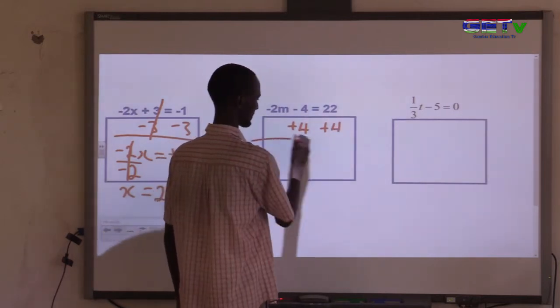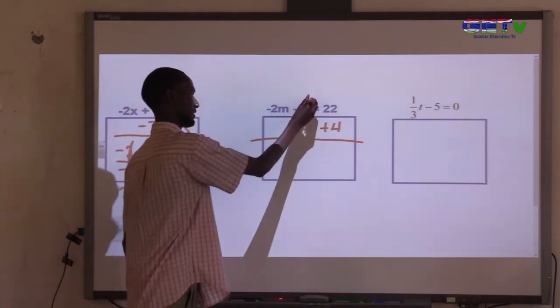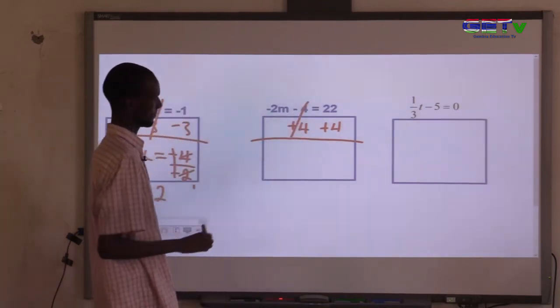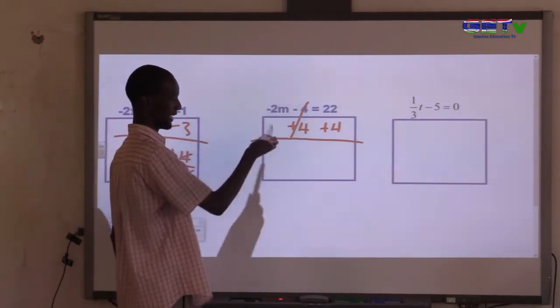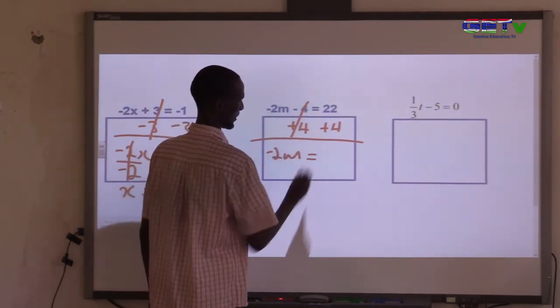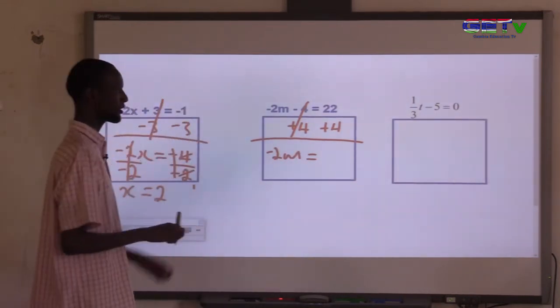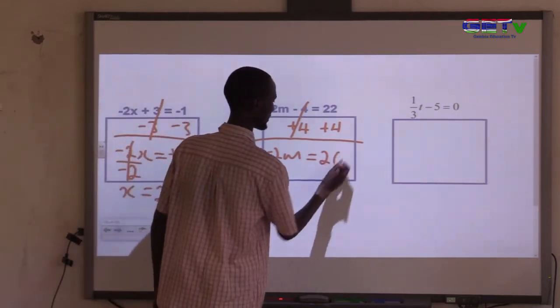And that, the negative 4 plus 4 would cancel out. They come to 0. Still, you have negative 2m on that side, so you bring it down. And 22 plus 4 should give you 26.